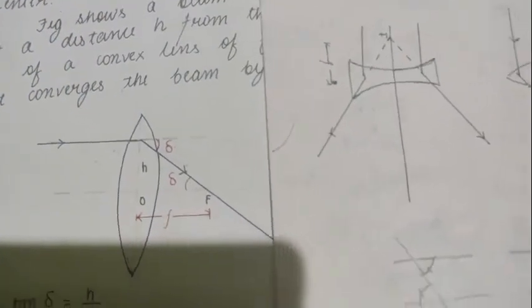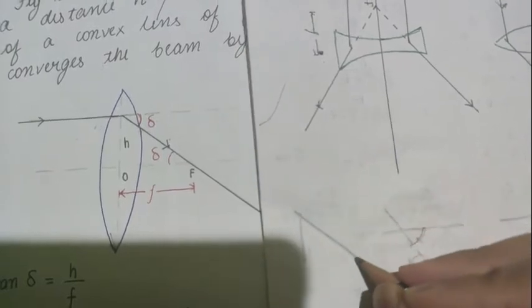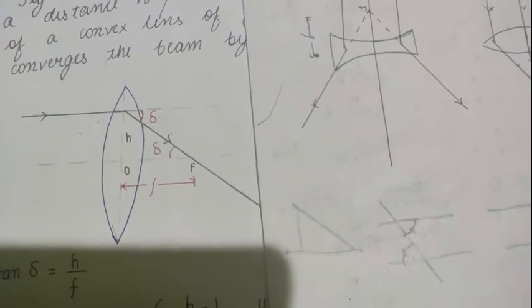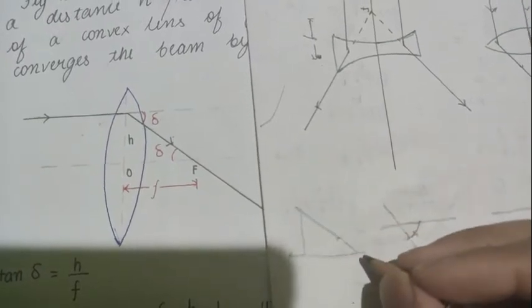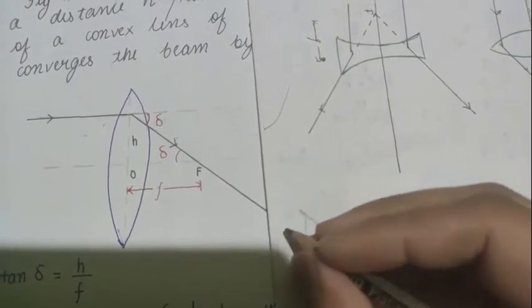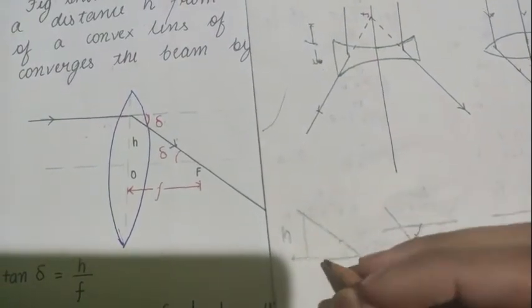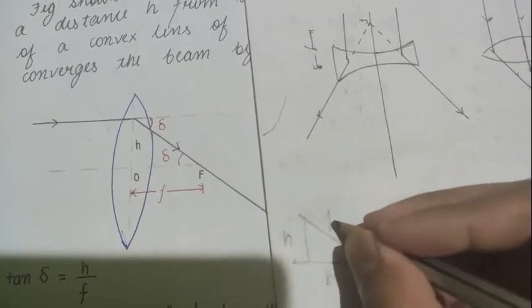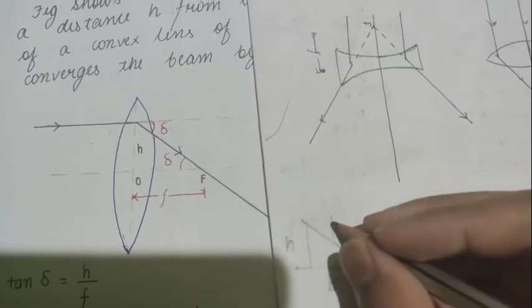Next, we know from our trigonometry. Again, this trigonometry concept has already been done in your class 10 as well as class 11. Suppose this is your right-angled triangle. This is the altitude, or let us say height. This is the base. This is my hypotenuse.